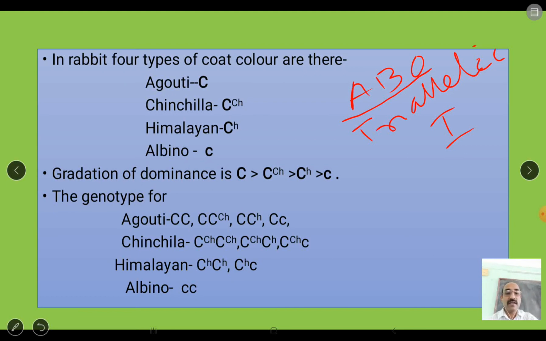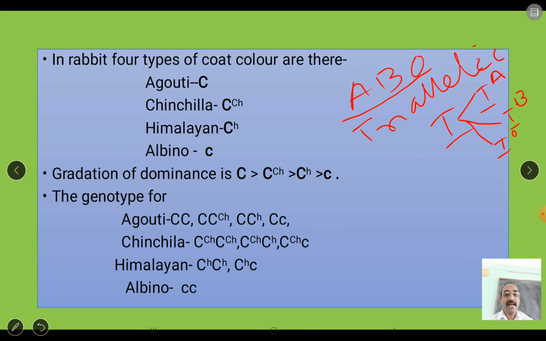So, it has 3 alleles. What are those? I^A, I^B, and the last one is I^O. So, these are the 3 alleles of the blood group.